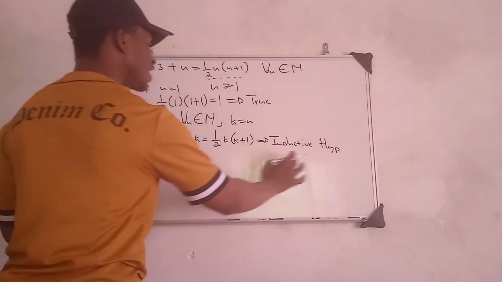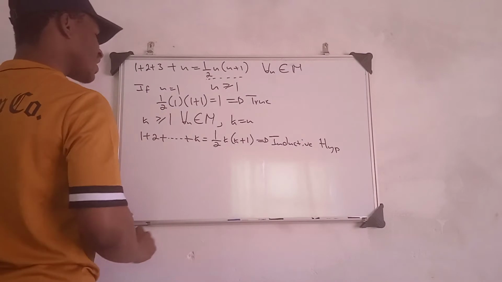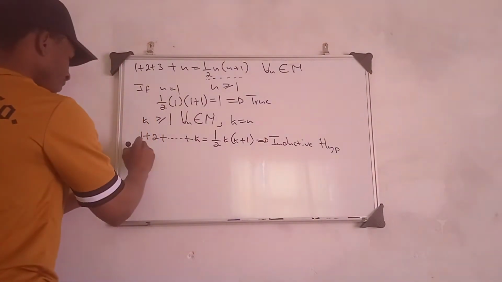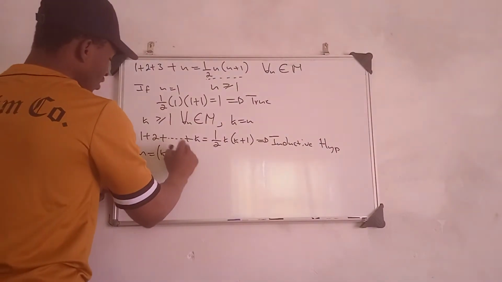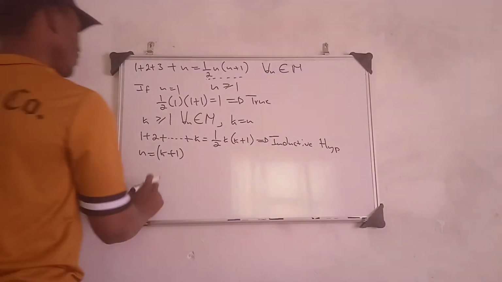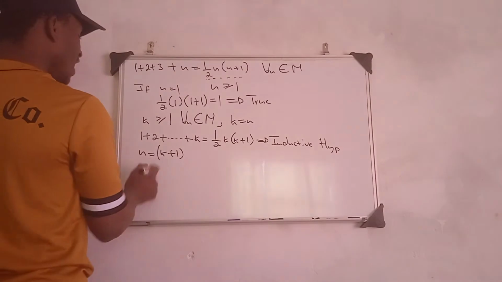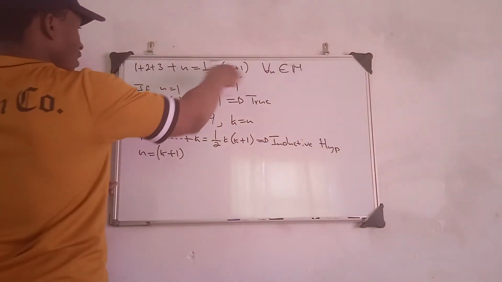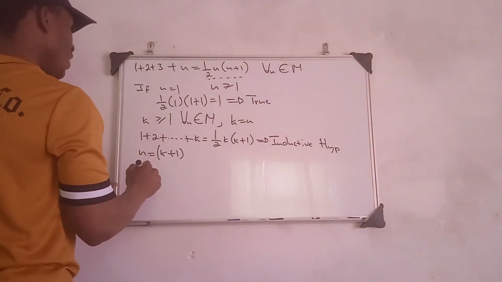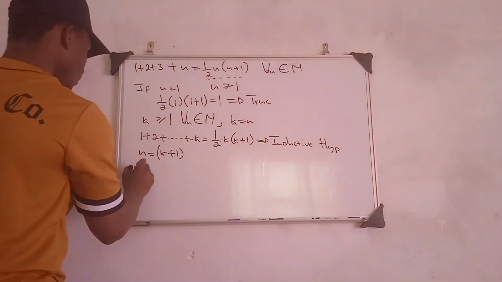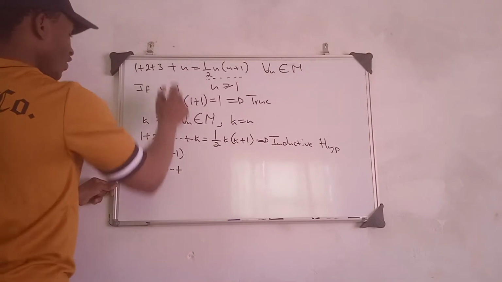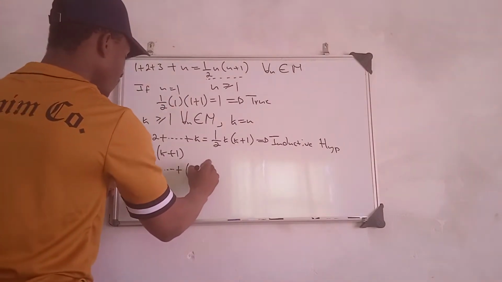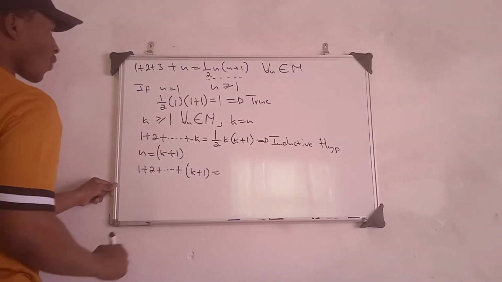And if this hypothesis is true, it means that n equals k plus 1 must also be true. So wherever I'm seeing n, I'm going to substitute using what we are given prior. So this is n, I'm going to put k plus 1.